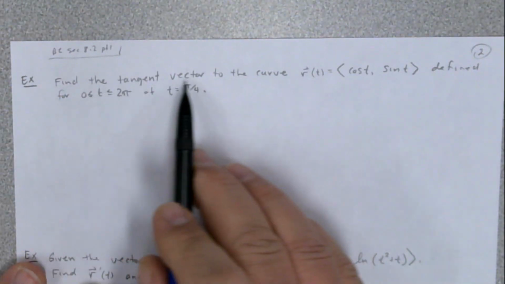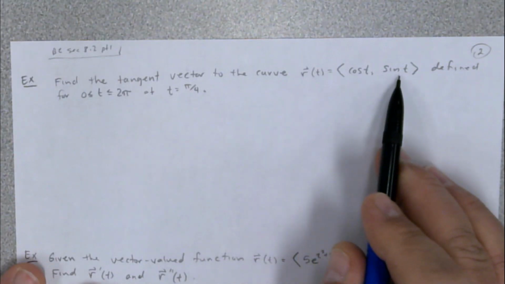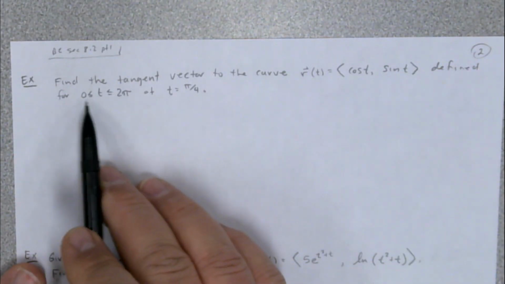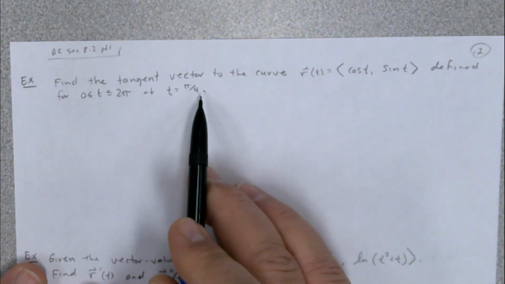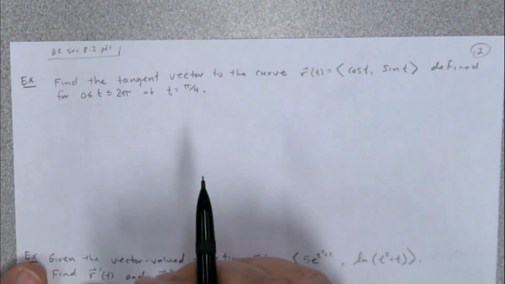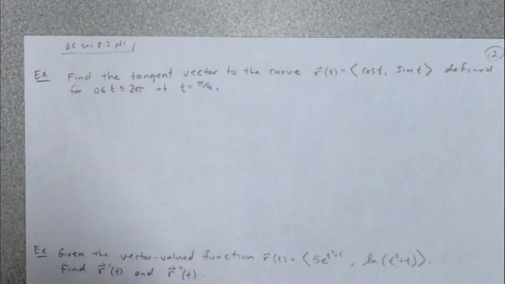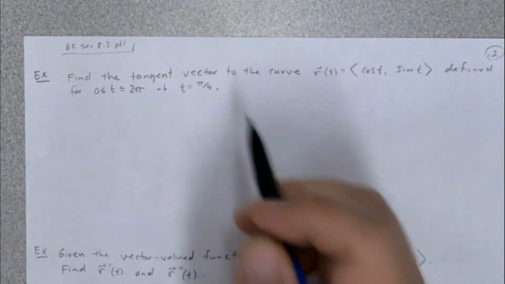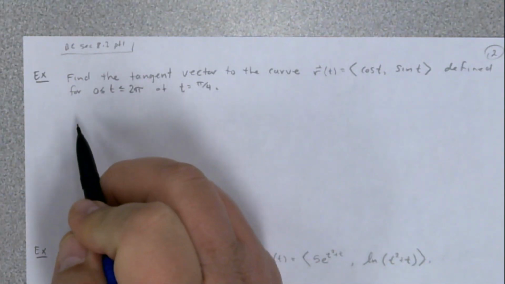Find the tangent vector to the curve cosine t, sine t, defined for t between 0 and 2 pi, at t equals pi over 4. Okay, so as soon as we start talking about a vector, we're going to need the derivative at a point. So let's find r prime.